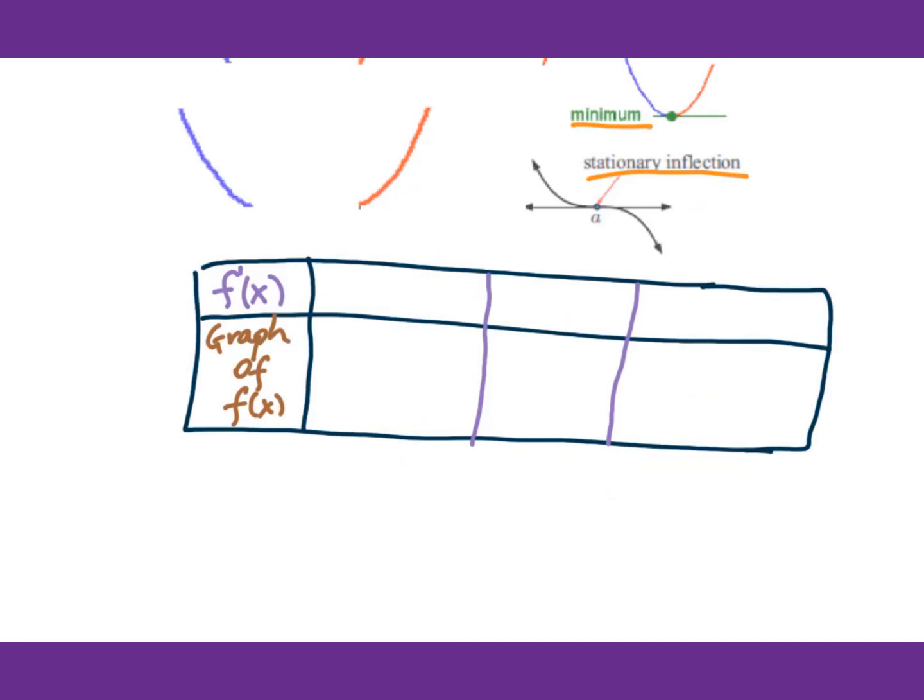So when we talk about the first derivative, it means it's positive, or negative, or 0. When the first derivative is positive, the graph of f of x is increasing.